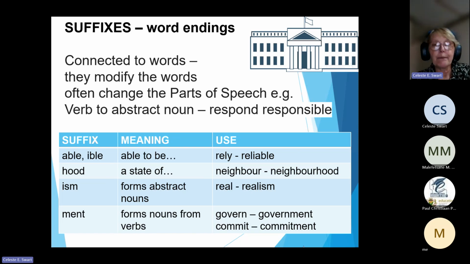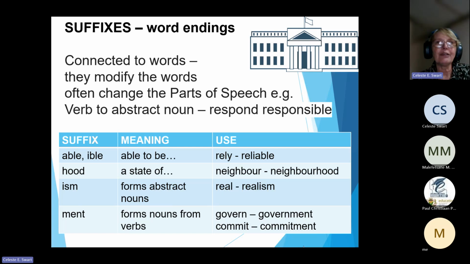Suffix able or ible, able to be: rely becomes reliable. Hood means a state of. Neighbor becomes neighborhood, a state of neighbors. The isms, they form abstract nouns. Now, I want you to remember a lot of these are actually neologisms, because you create this new word using the ism.